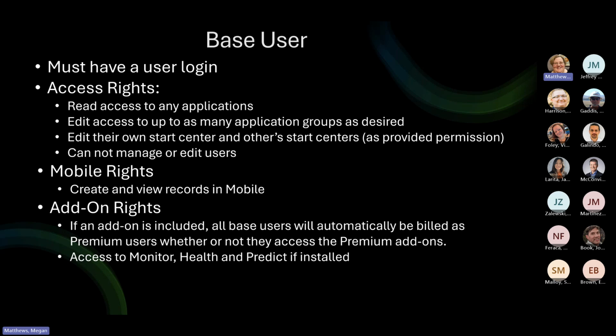So they can have the security, they can have all of the integration if they want it, users to a certain extent, but they cannot manage or add new users through the base user application. It requires a different license. They have full rights to mobile, so you can create and view records in mobile and edit mobile. You have the ability to use the scheduler application as part of a base user.